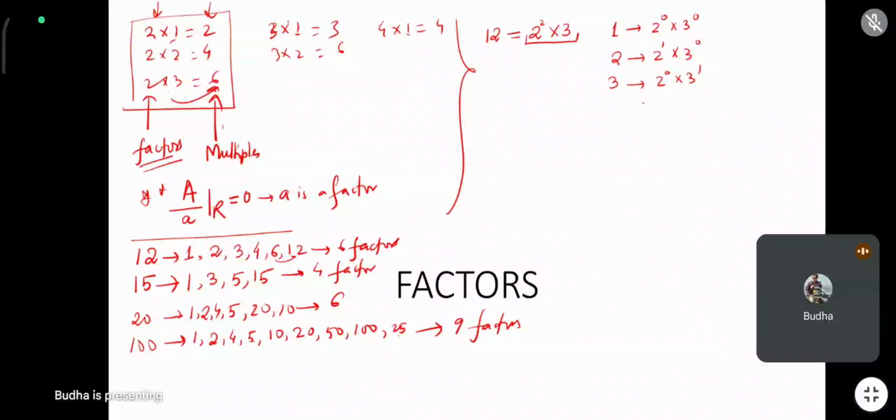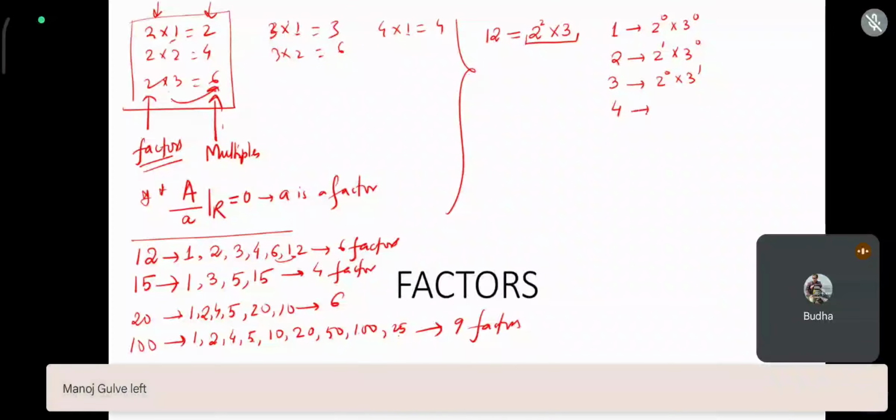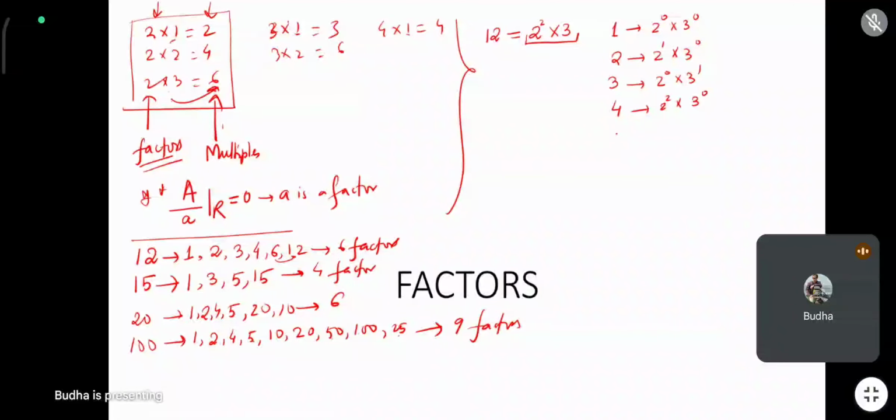12 के हर एक फैक्टर को देखो 2 और 3 से ही बने हुए. 4 is nothing but 2 square into 3 raised to 0. If you look at 6, it is 2 raised to power 1, 3 raised to power 1. Now 12, it is 2 raised to power 2, 3 raised to power 1. अब हमें क्या देखने को मिलता है?